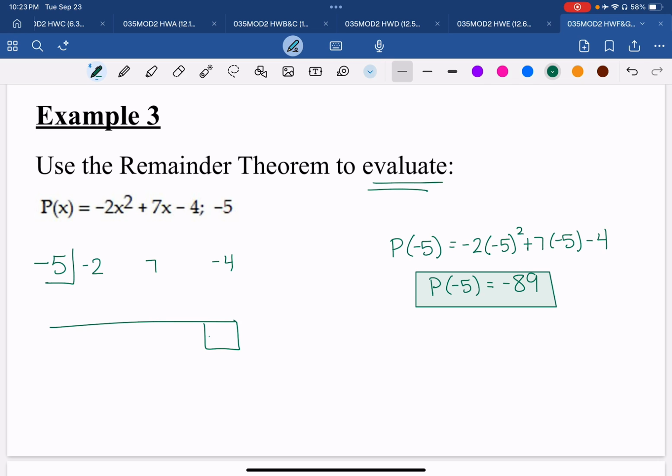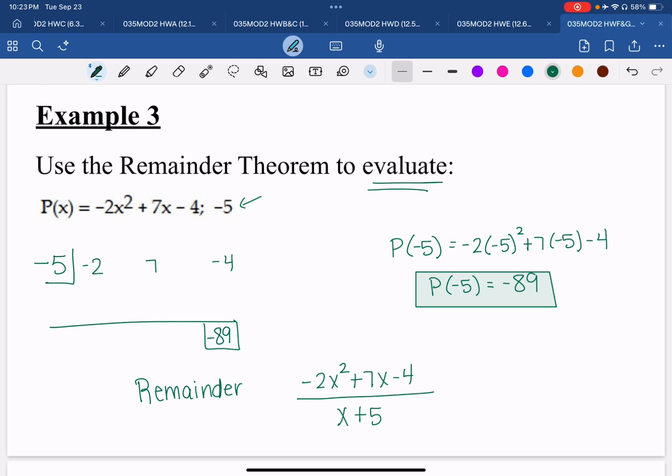But it also tells us the remainder: when you take negative 2x squared plus 7x minus 4 and divide it, if c is negative 5, that means it would have been x plus 5. By that, your remainder would be negative 89.